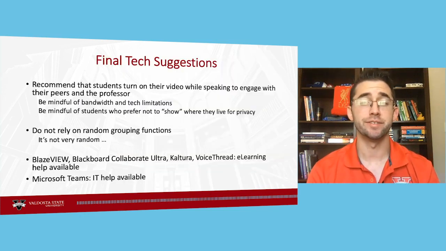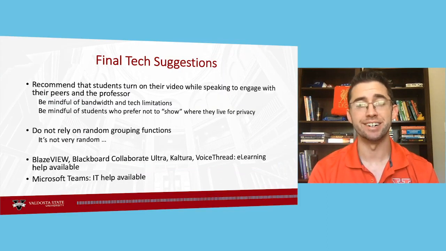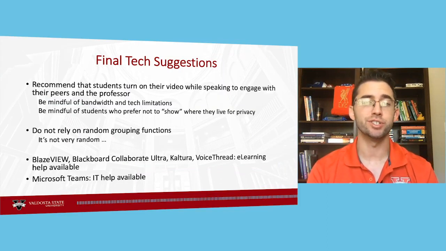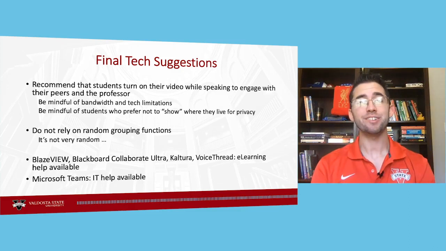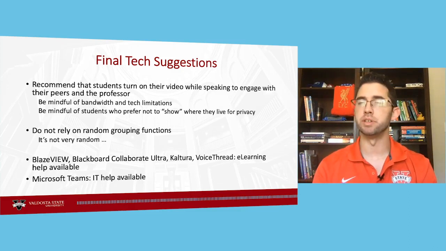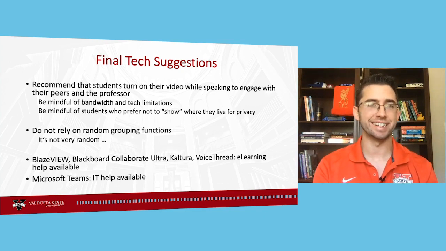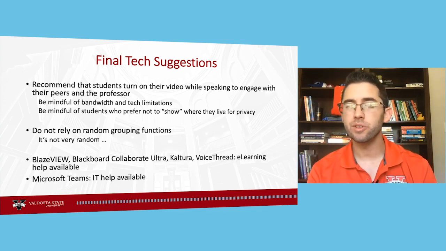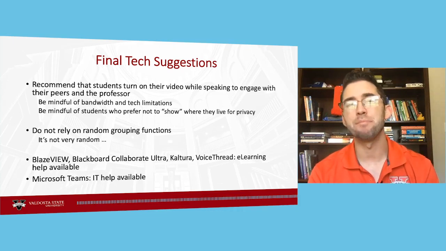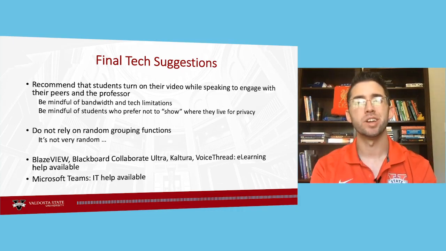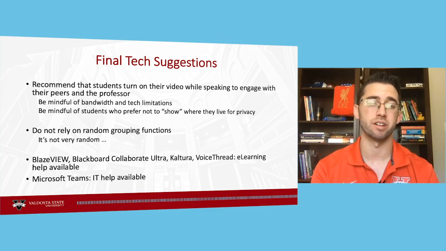So here's a list of suggestions related to technology. Recommend that your students turn on their video while speaking to engage with their peers and with the instructor. This can kind of help build that feeling of connectedness. Be careful though, because if somebody has poor internet service, then they might not be able to display video without a significant lag occurring.